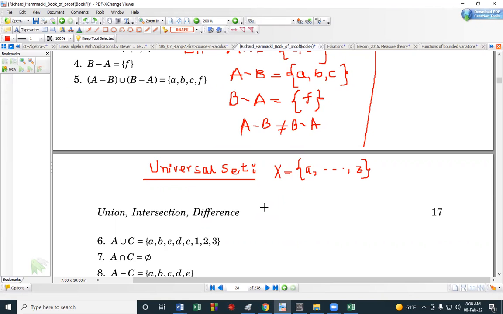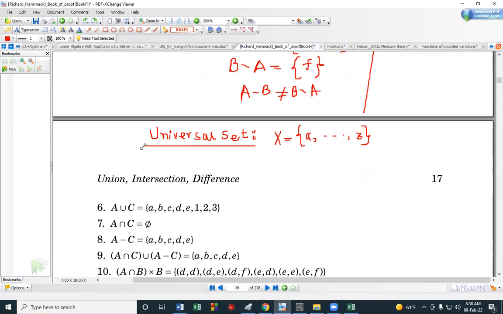If we talk about real numbers, then all real numbers together form our universal set. So this is simply the idea.